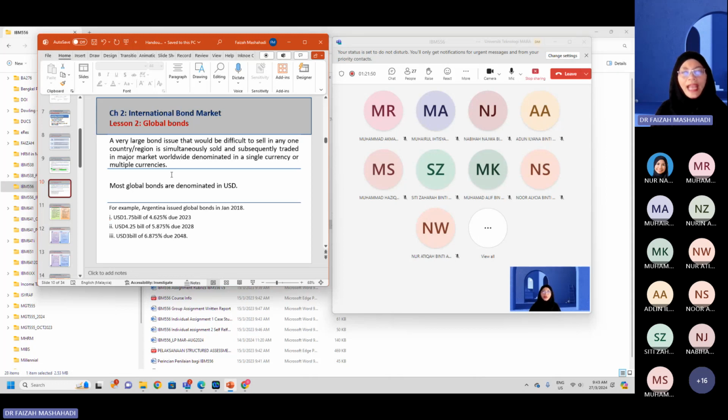So in order to get the money from the market, we have to cover a wider market. We should not only target a specific location. For global bonds, we target a wider location.